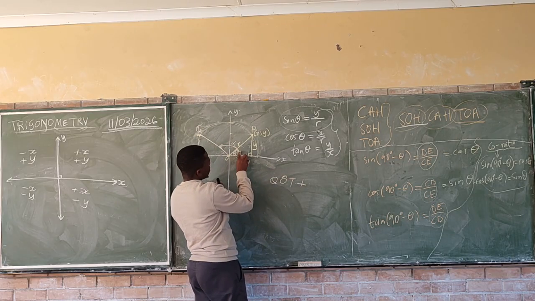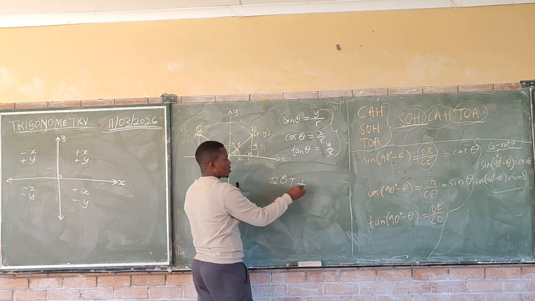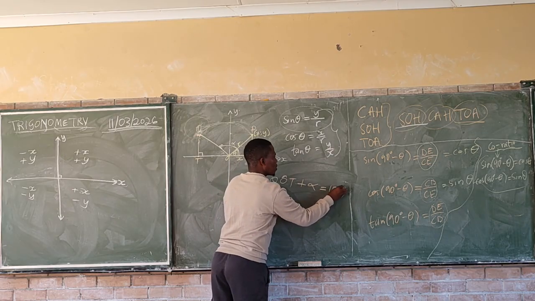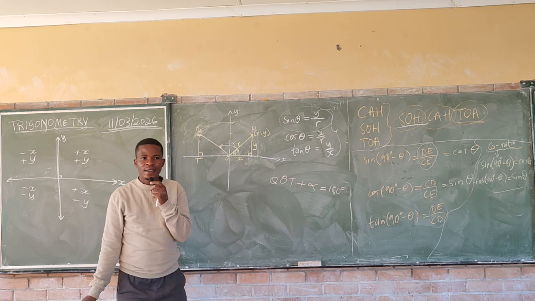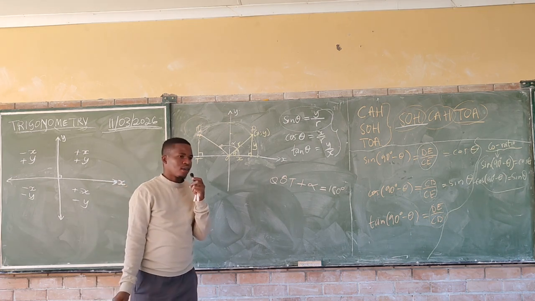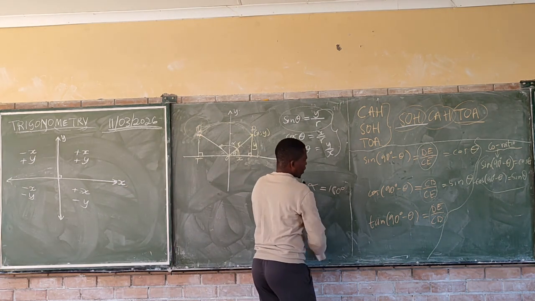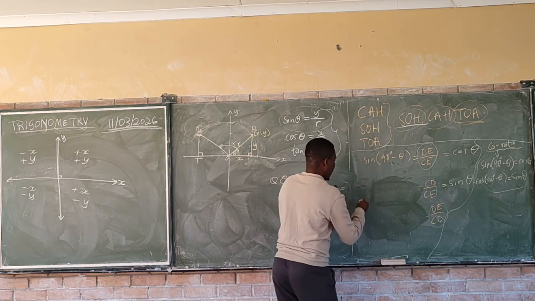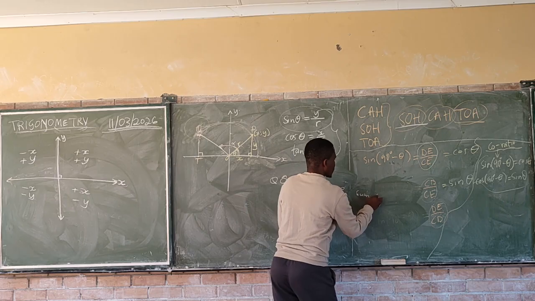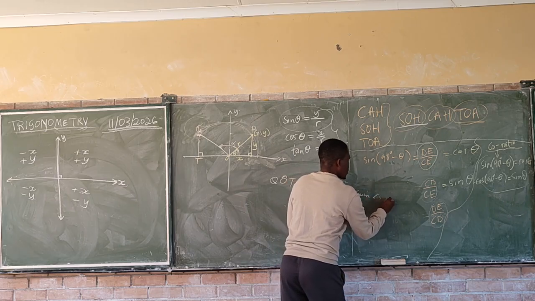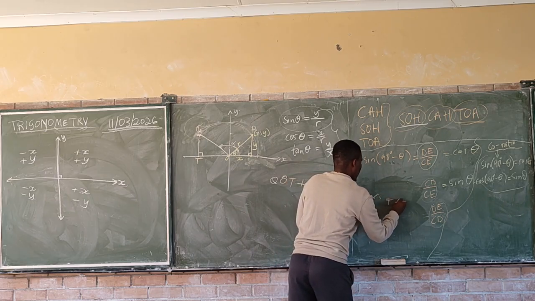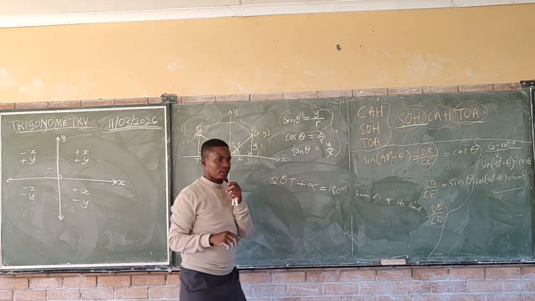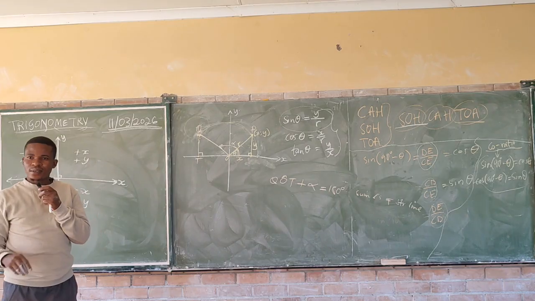Plus what? Plus this one again is named alpha. Equals to how much? Why are they equal to 180? Angles on a straight line, or sum of angles on a straight line again.